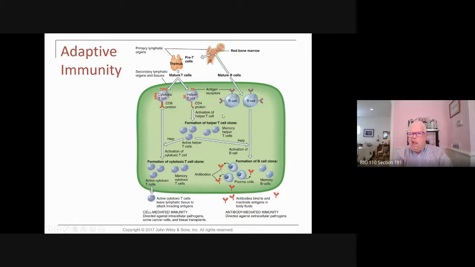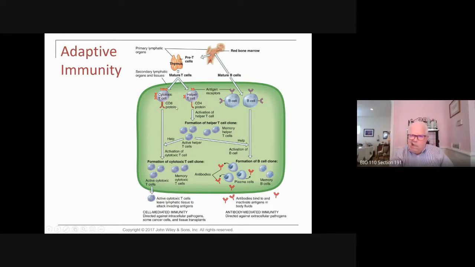Okay? In the bone marrow, you have B cells. And these B cells become clones, and these clones basically all produce antibodies. And that's how they kill things. This is known as antibody-mediated immunity, the B side. The T side is known as cell-mediated immunity because these cells kill things.